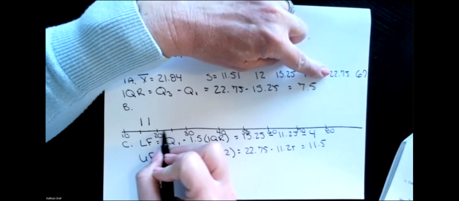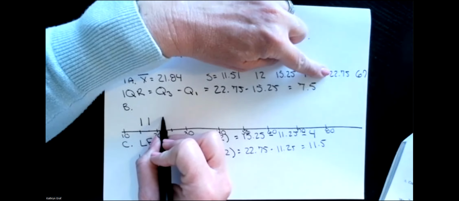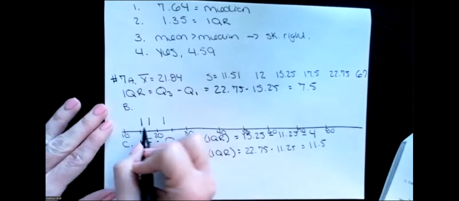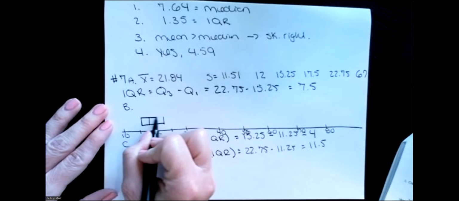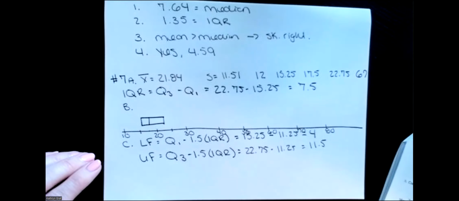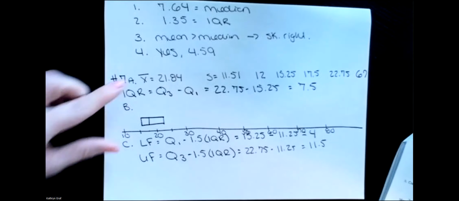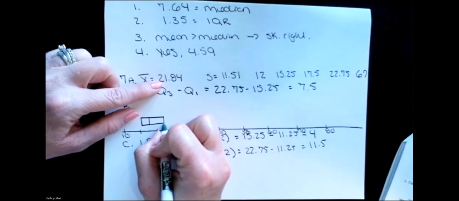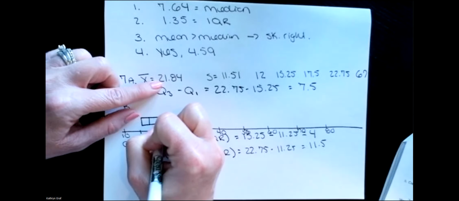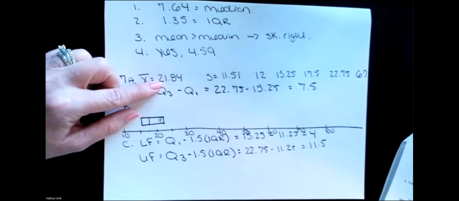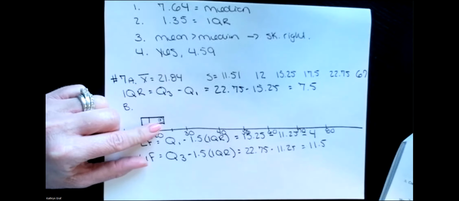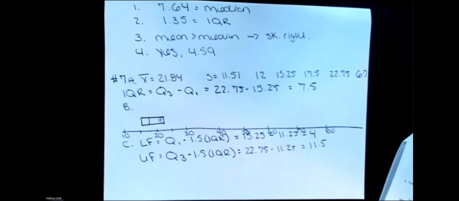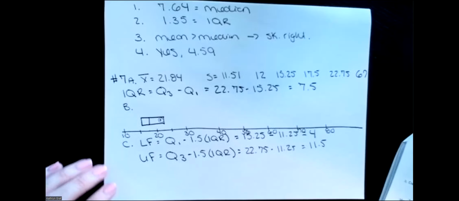So this would be 25. 22.75 would be pretty close to the middle between those two. So there's my box. That one's a lot neater than the previous one. And I'm going to put my X bar 21.8. So this was 22, 21.8 is like right here. And this is exactly what we visualized on Minitab, right? We definitely looked at that on Minitab.